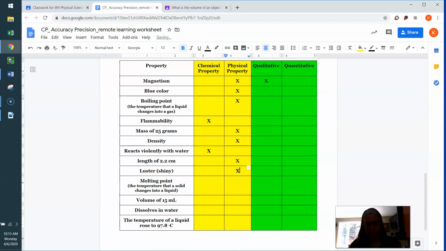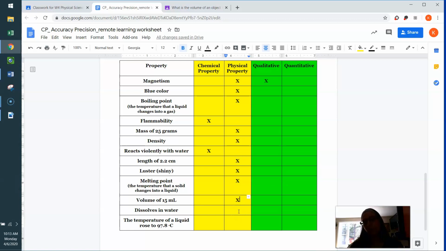That's a physical trait. Melting point, just like boiling point, is a phase change. So the substance does not change what it is going from a solid to a liquid. Same substance, physical. Volume is how much space an object takes up. You know, I take up a lot more space now than I did when I was younger, but I'm still the same stuff. Physical property.